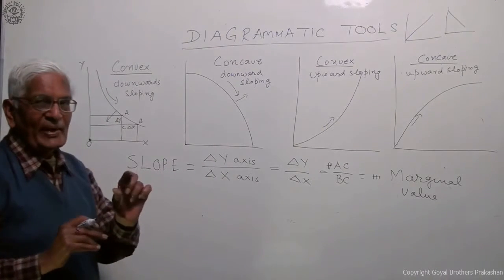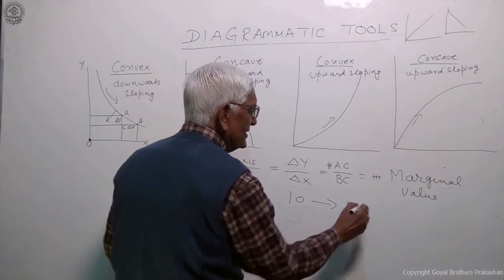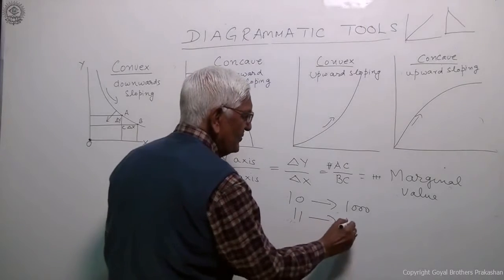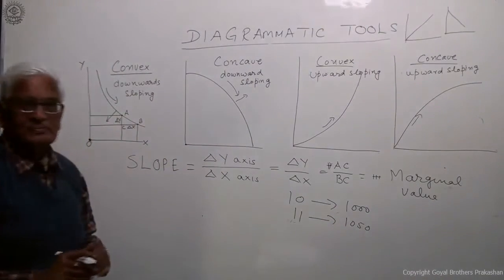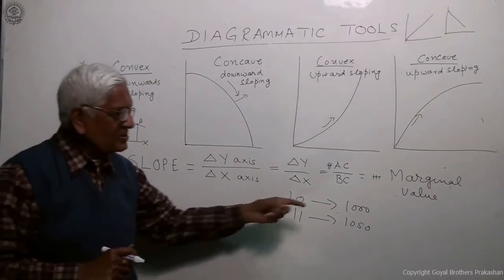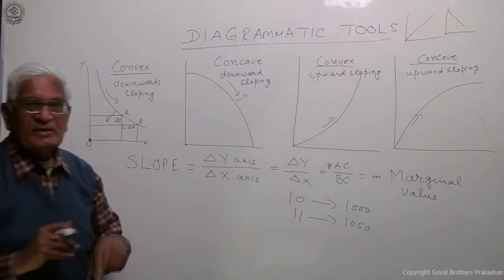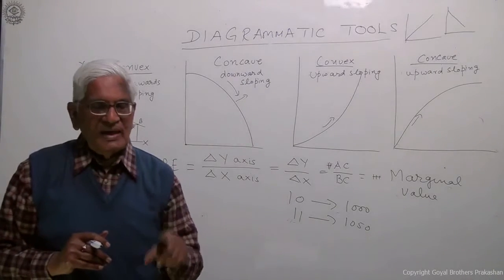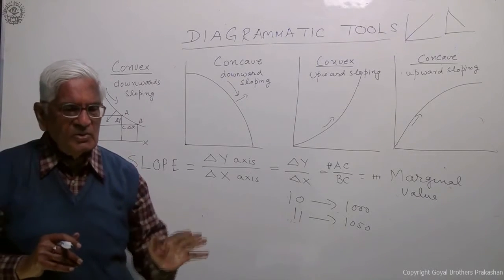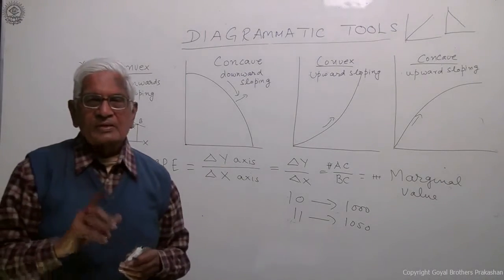Suppose you're talking of a cricket player who in 10 innings has scored, let us say, 1000 runs. In 11 innings, he scored 1050. That means in one more inning, he has scored 50 more runs. So this 50 then becomes the marginal value. And this has a very important place in entire economic studies. Just keep in mind that slope is nothing but the marginal value.